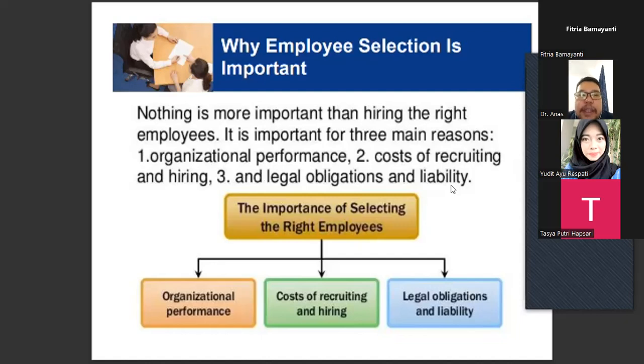That's why the employer is concerned about who they select as employees.